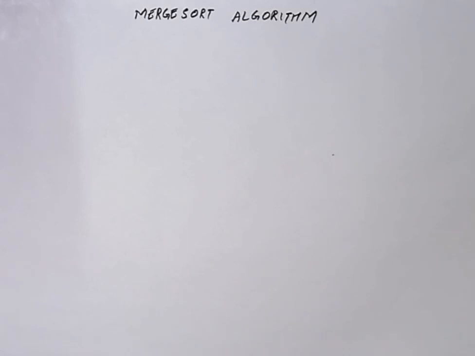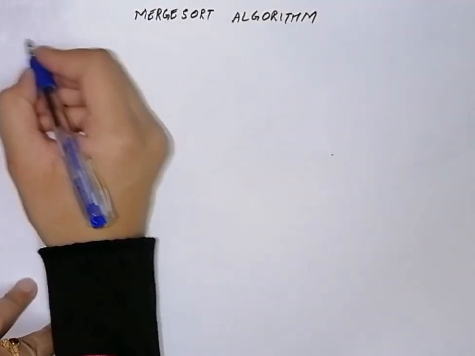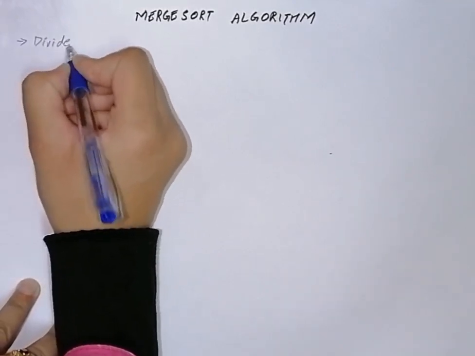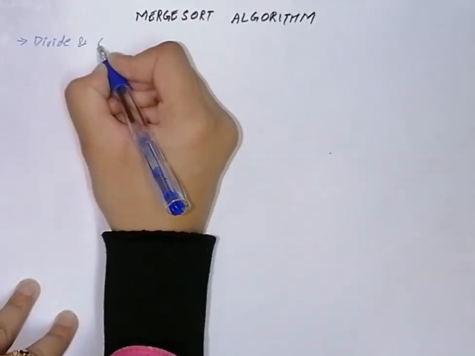This merge sort algorithm works on a divide and conquer approach. So what is the divide and conquer approach?